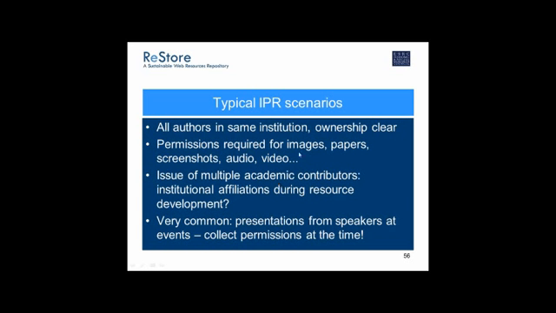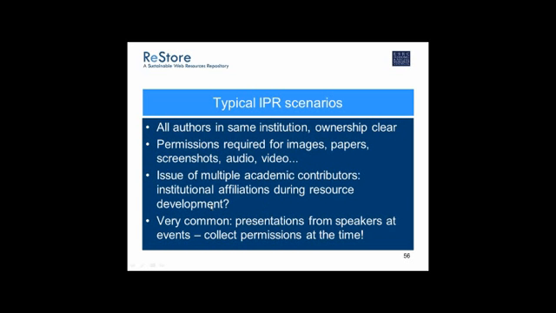Different components in a web resource, like images, papers, screenshots, audio and videos, can be obtained by using one of our contributor permissions forms, which is available on the ReStore guidance page and which you can freely download and use.